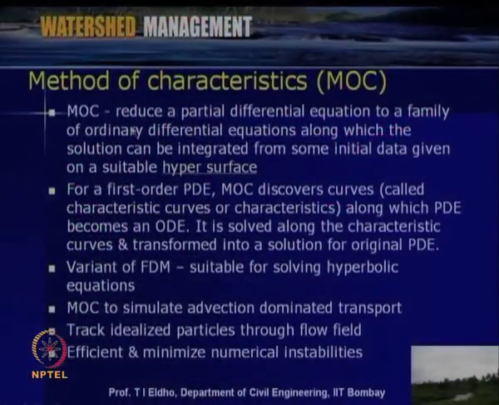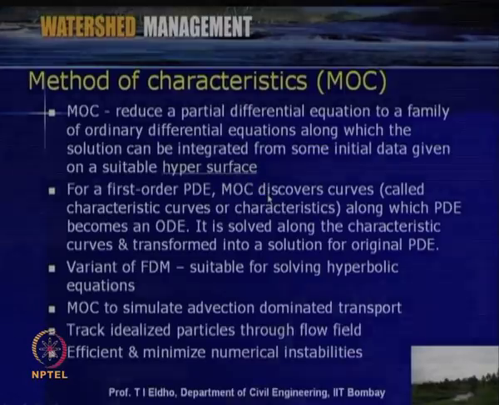Then another important method which we use in water resources is the so called method of characteristics, which is also one variant of the finite difference method. Here in this slide you can see the details. MOC reduces a partial differential equation to a family of ordinary differential equations along which the solution can be integrated from some initial data given on a suitable hyper surface.